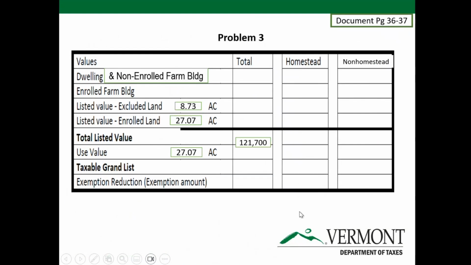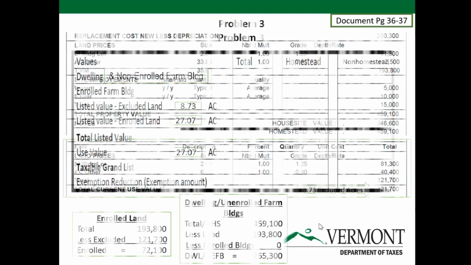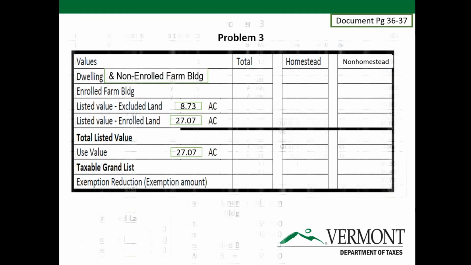And if you were a visual person, you could say, okay, I have not allocated for replacement cost, new less depreciation, 250,300, and I have not allocated for the site improvements, 15,000. If you add those two together, you're left with 265,300. So that's what you need to allocate for now. Two different ways to do it.